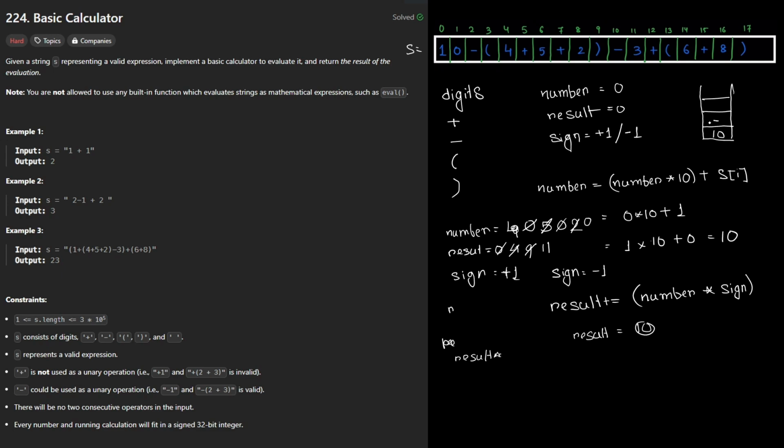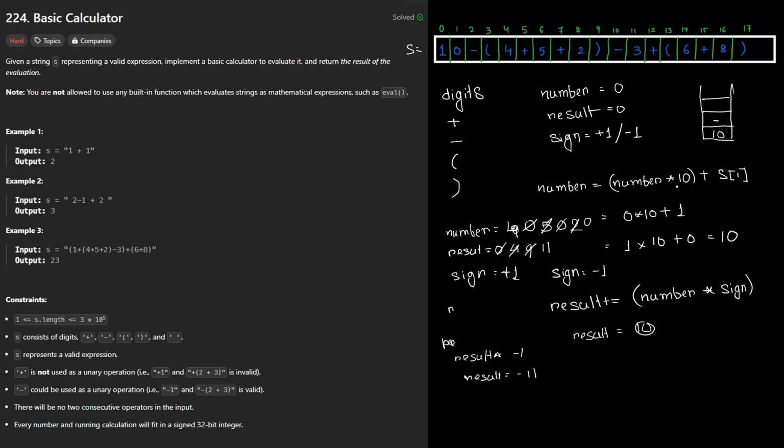Because the previous sign was negative, it would be result times the minus sign, so result would become minus 11.